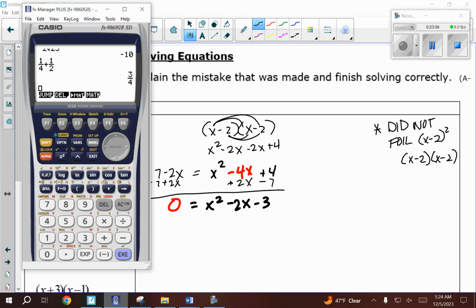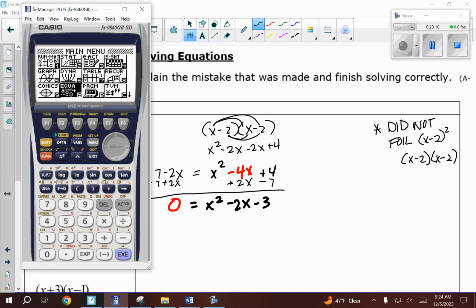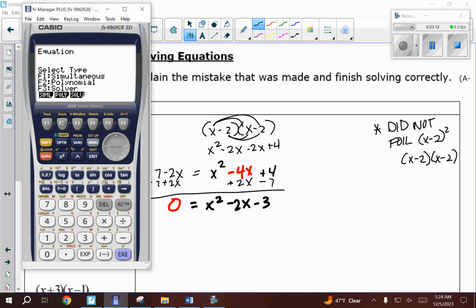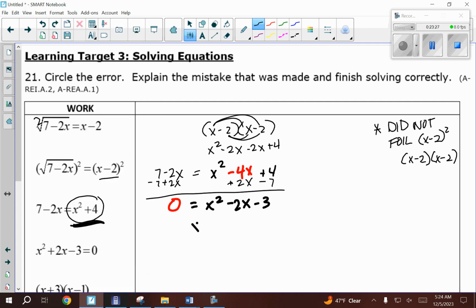So we're going to go into the solver. Polynomial solver, degree 2. It's going to be a 1, a negative 2, negative 3. And it tells us that the possible answers are x equals 3 and x equals negative 1.